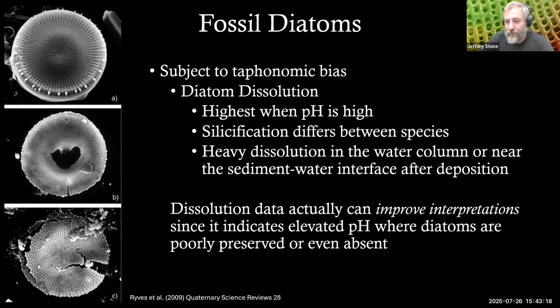It often leaves us with no diatoms preserved, or very poorly preserved diatoms, but it tells us something about that actual environment, because if there are no diatoms present, we can make some assumptions that diatoms were probably living in that environment and then basically got dissolved out. So they indicate to us that the pH was probably very high in those conditions. And it can actually improve our interpretations if we think about the absence of diatoms representing some very specific type of environment that's giving us some information, even though the diatoms aren't present in it.